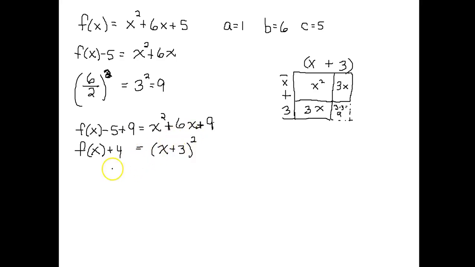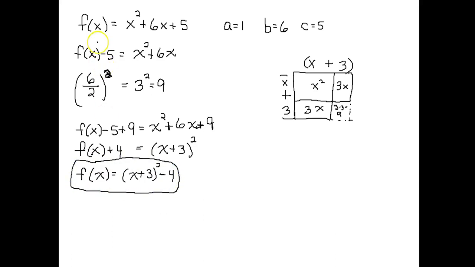Once you've factored that right side, this plus 4 now can be subtracted from both sides, and you can get f of x by itself. And now you have a different form for that same function. Whichever one you put in your calculator, you're going to get the same exact parabola. It's just that you've completed the square and changed the form.